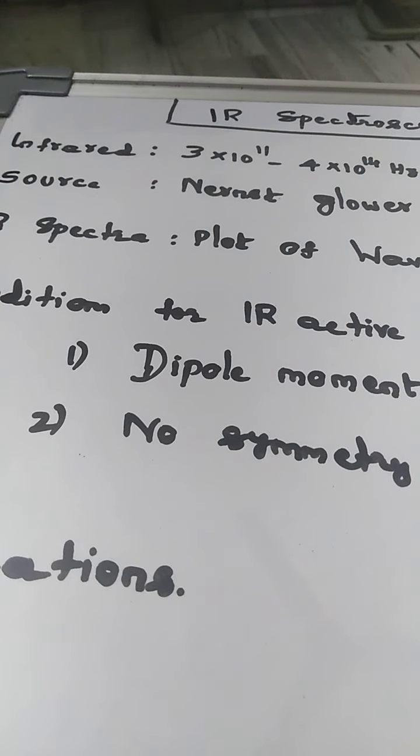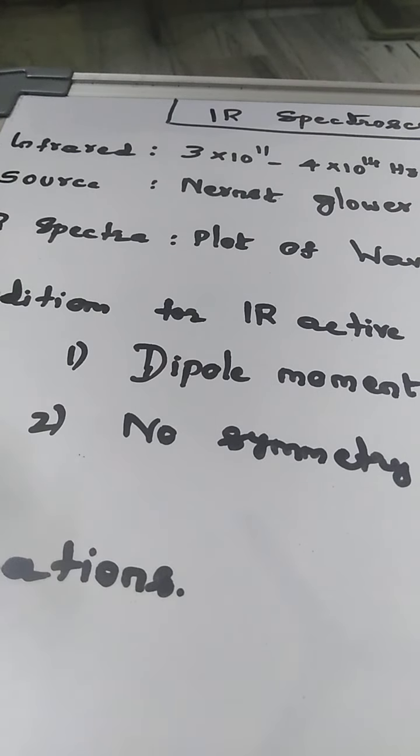Next, let us see the condition for a molecule to be IR active. The first condition is the molecule should have a dipole moment. The dipole moment should not be zero. That means the molecule which is IR active should have an electronegativity difference.